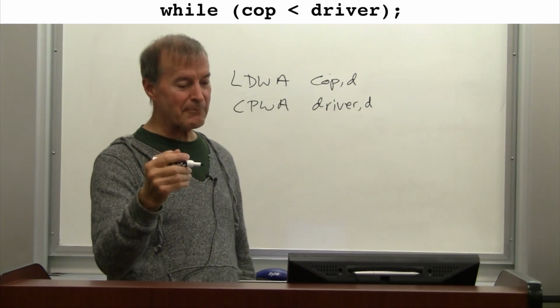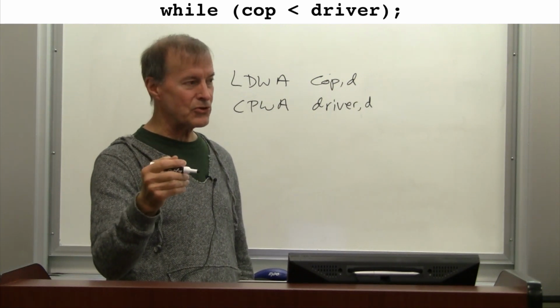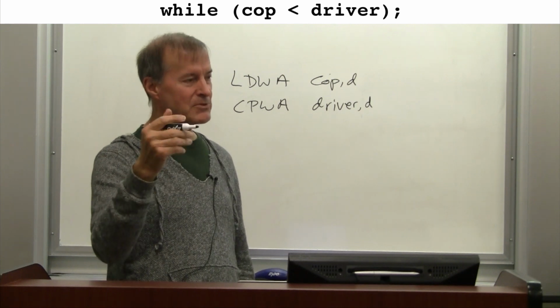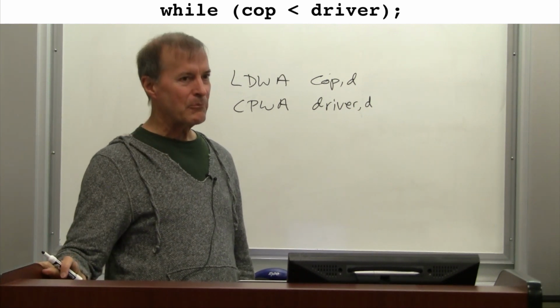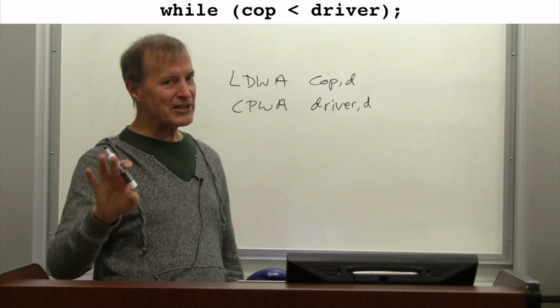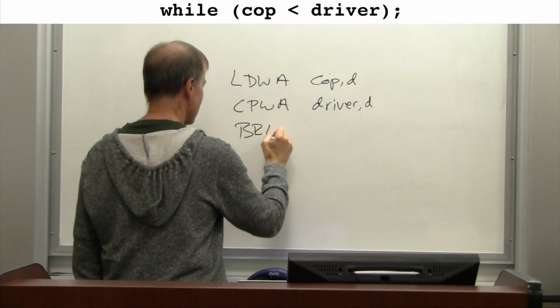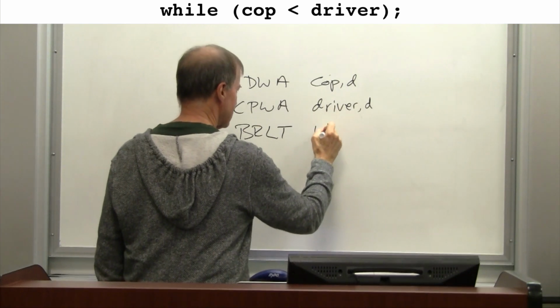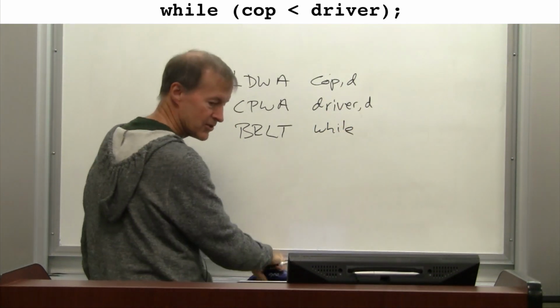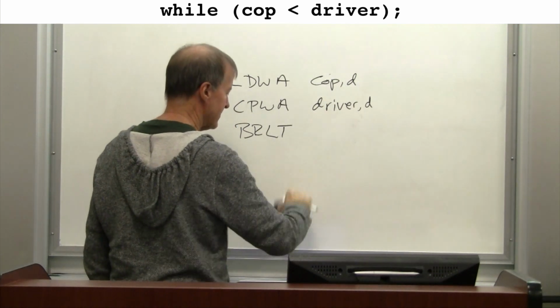It's while cop is less than driver, so if the test is true, you want to go to the top. So it's branch if less than. Is everybody clear on that? This is going to be BRLT to the do.